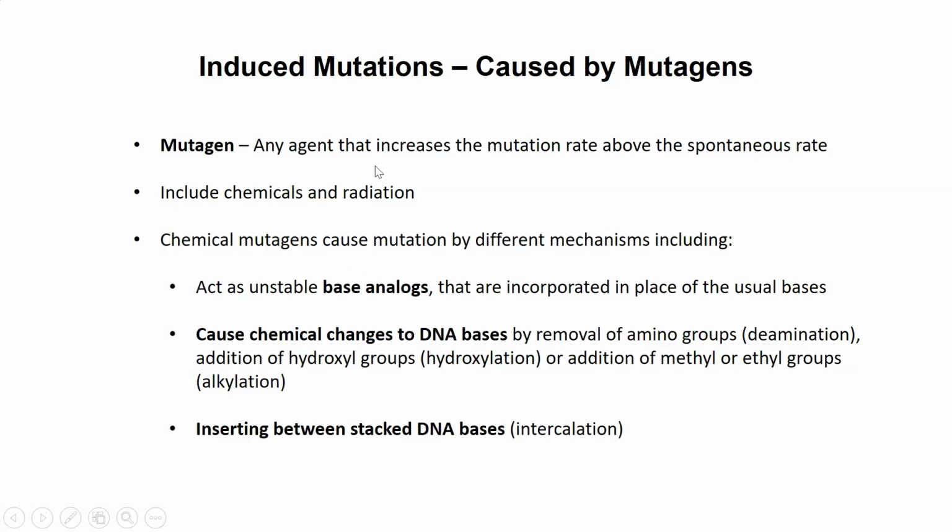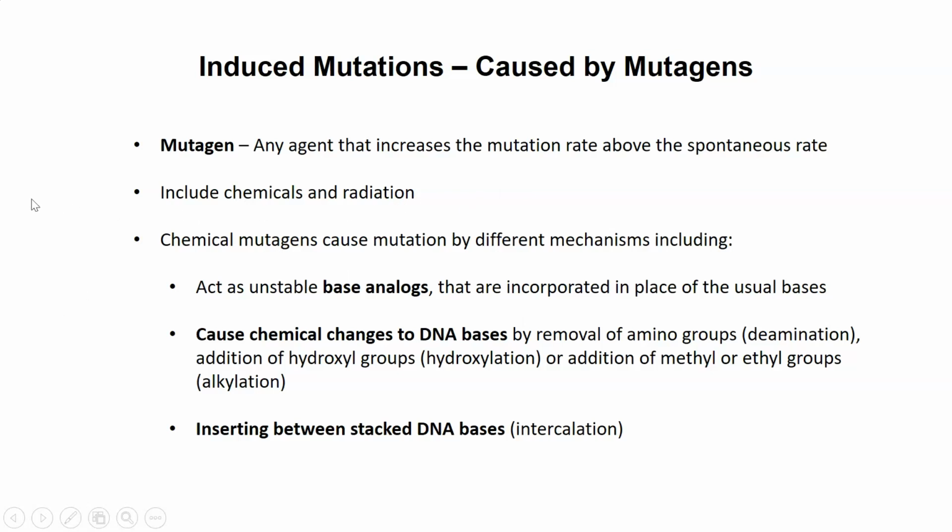So mutagens are of two main types: chemical mutagens and electromagnetic radiation at high energy or short wavelength types of radiation. So let's start by talking about chemical mutagens, and then we'll finish up with radiation as a mutagen.